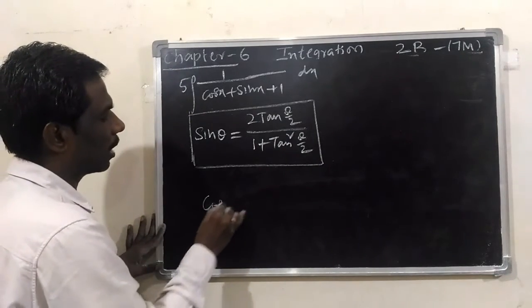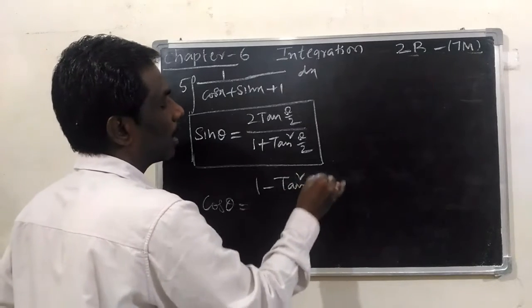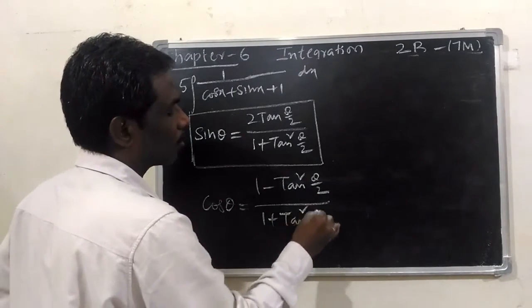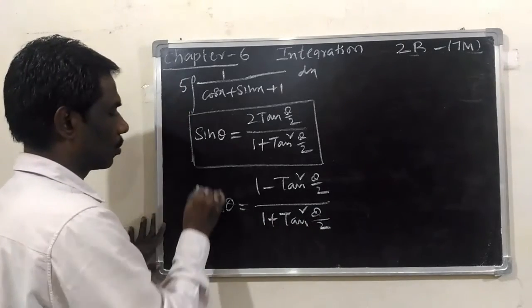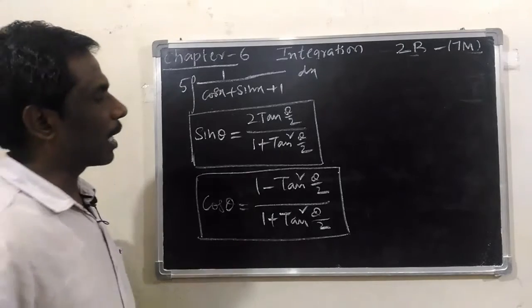And cos theta equals 1 minus tan square theta by 2 by 1 plus tan square theta by 2.